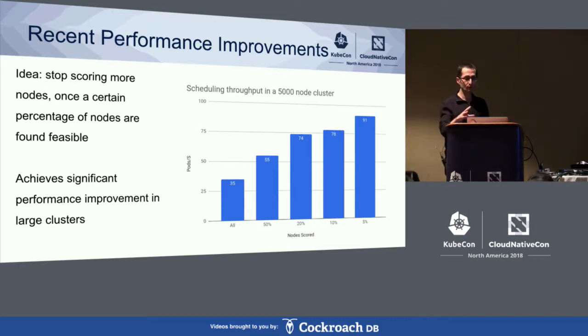If you scan all the nodes in a cluster, on the very left side of this graph, you see that the throughput of the scheduler in a 5,000 node cluster is about 35 pods per second. But as you reduce this percentage all the way to like 5%, it can reach over 90 pods, 91 pods per second.